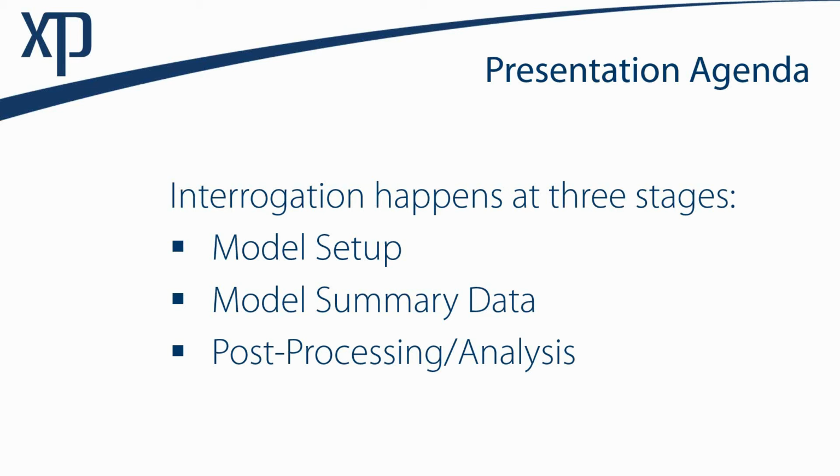We're going to review some of the model summary data, because there's a lot of useful information within the model summary data, as part of the solution, reviewing model solutions, but also in the sensitivity analysis process that happens as we create complex models. And then we're going to be looking at post-processing and analyzing fully completed models. So basically break it down into three sections today.